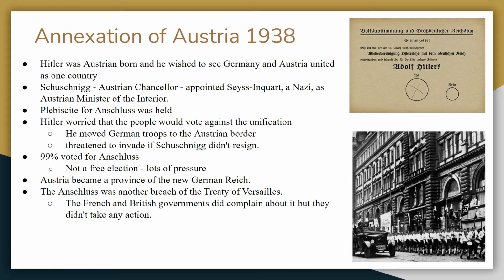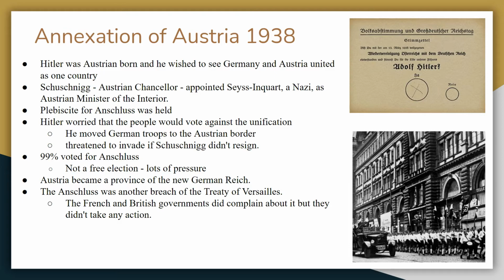But before we get there, I want to tell you a little bit about the annexation of Austria. As I'd said before, Hitler was definitely Austrian born, and he really did want to see Germany and Austria unite as one country. Okay, then we've got the Austrian Chancellor. His name is Schuschnigg. And he appoints a Nazi guy as the Austrian Minister of the Interior.